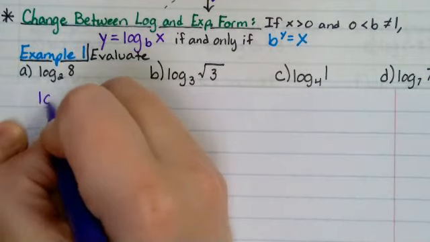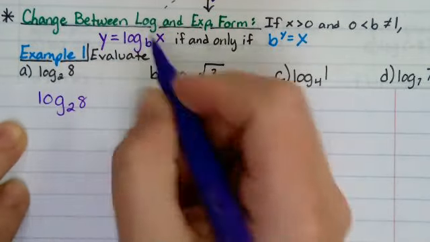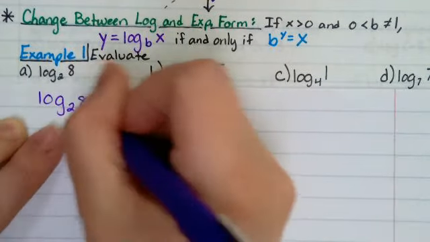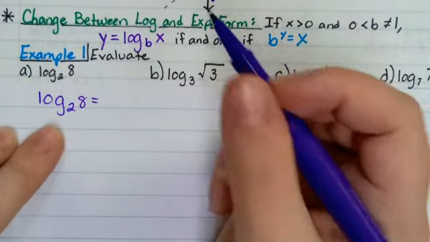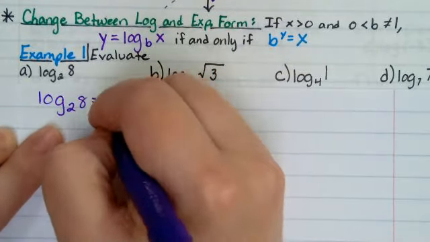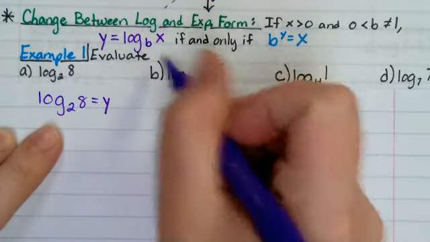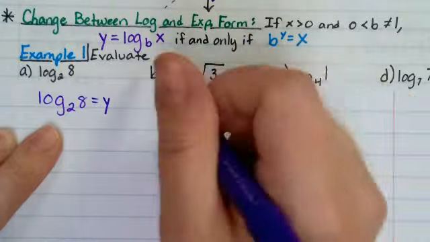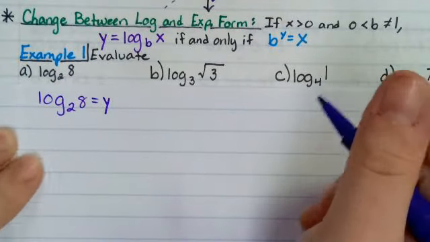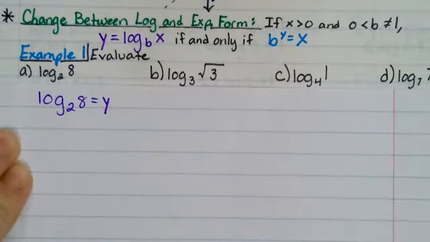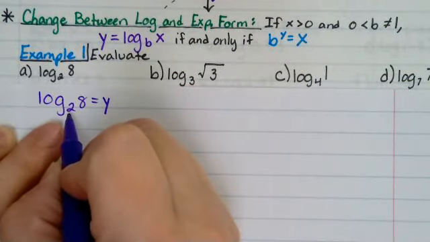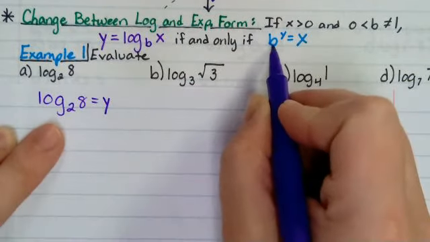All right, so we've got here log base 2 of 8. Since I'm trying to figure out what this is equal to, that's my unknown. I'm just going to let that be equal to y. Then follow the pattern that you see for converting between logarithmic and exponential form. I would take the base of my log to be the base of my exponential.